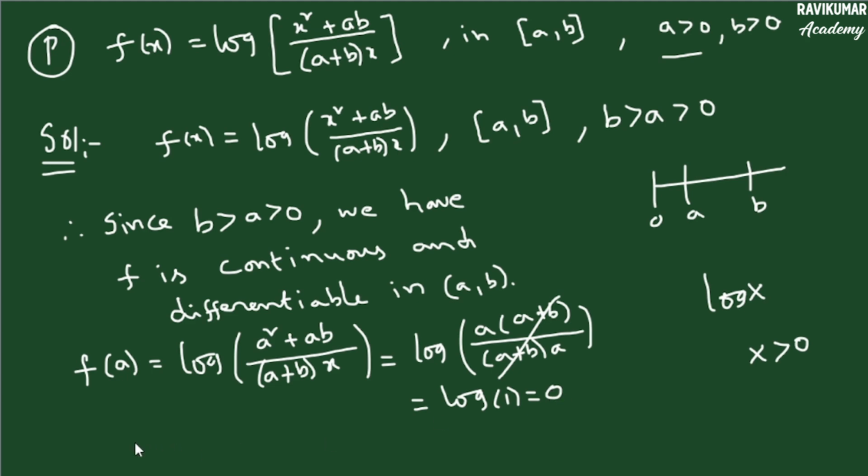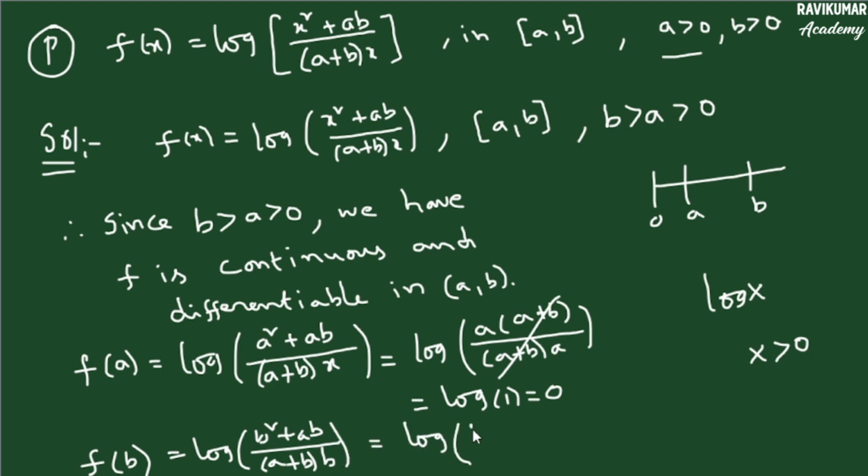Similarly, if you find f of b, it is log of (b square plus ab) by (a plus b) into b. So here also in the numerator, if you take b as common, b into (a plus b) divided by (a plus b) into b, you will get log 1.